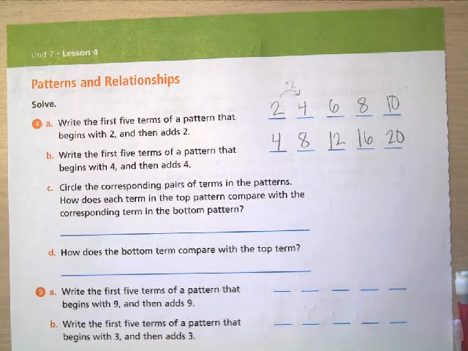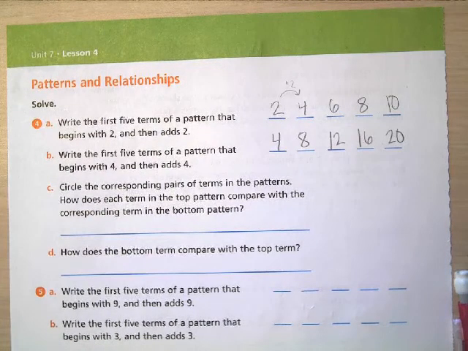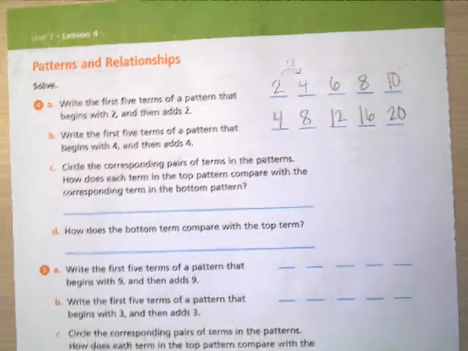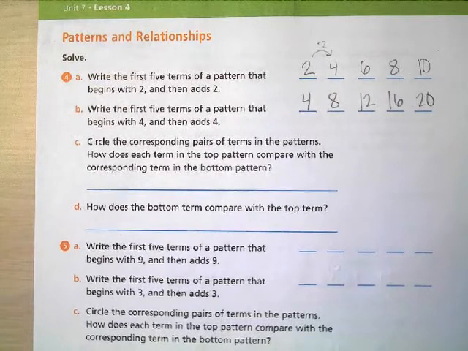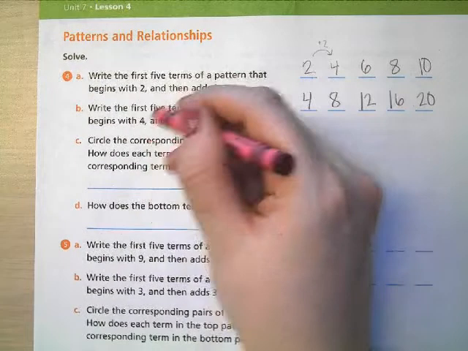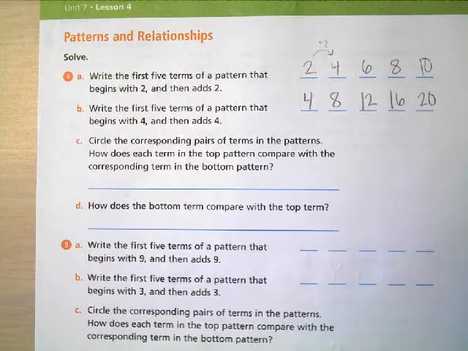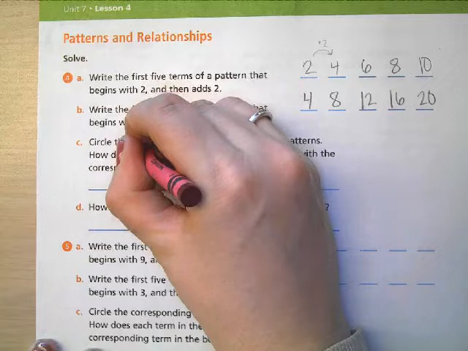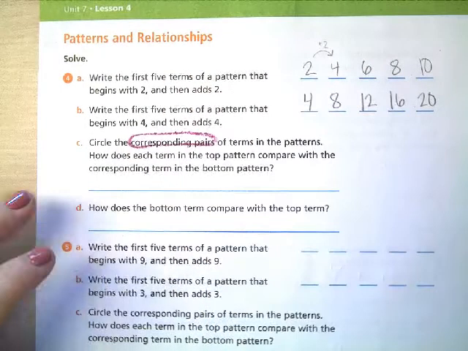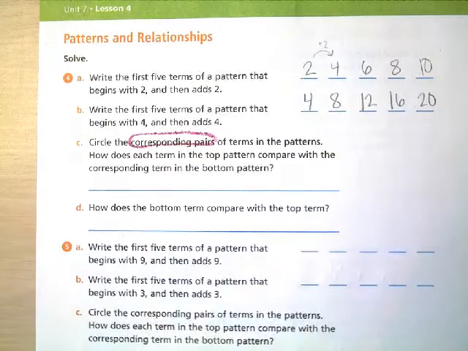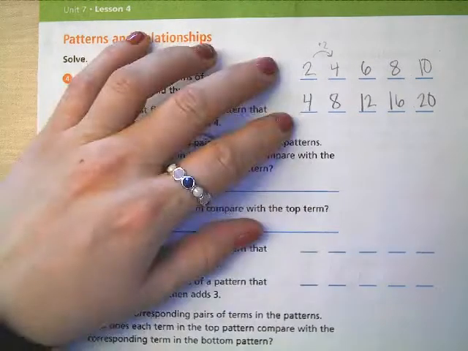Now it says, circle the corresponding pairs of terms in the patterns. How does each term in the top pattern compare with the corresponding term in the bottom pattern? Okay, so we are going to talk right now about corresponding pairs. That's what's coming up with these relationships. A corresponding pair is like an X and Y. Okay, so we circle corresponding pairs with your red violet.